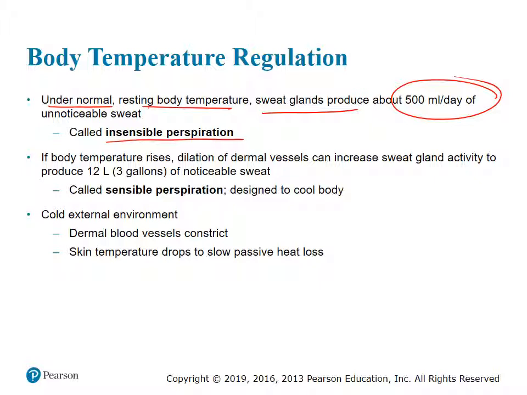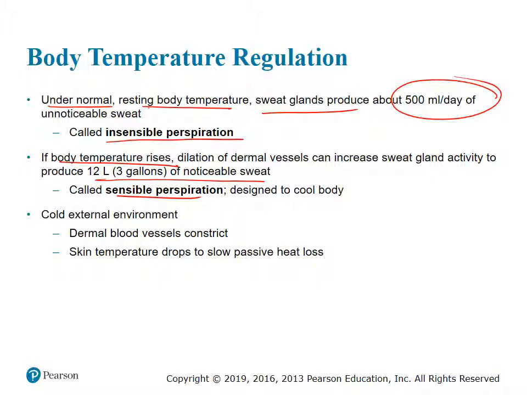The other one that you do notice, that you do see, is called sensible, and that's when the body temperature rises. Up to 3 gallons, right? That's a lot of sweat, by the way. But if you picture somebody working out or running during the heat of the day, they're drenched, right?